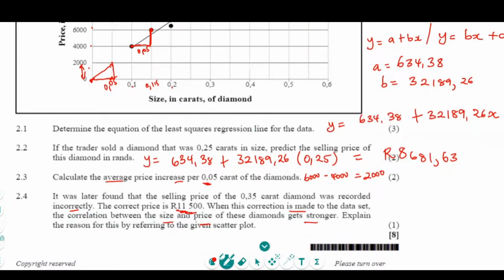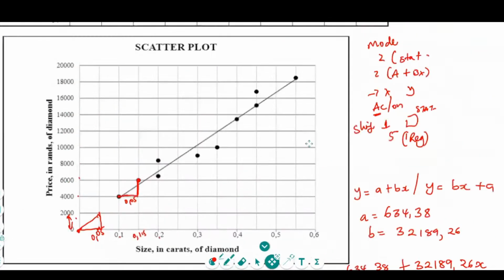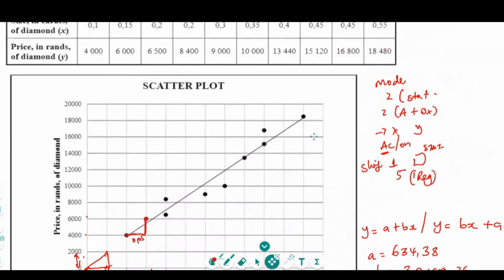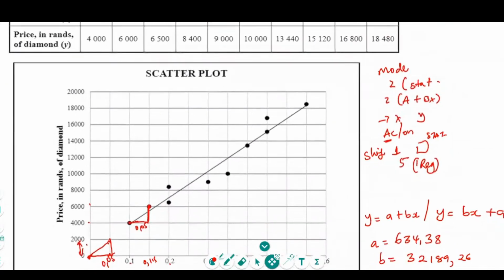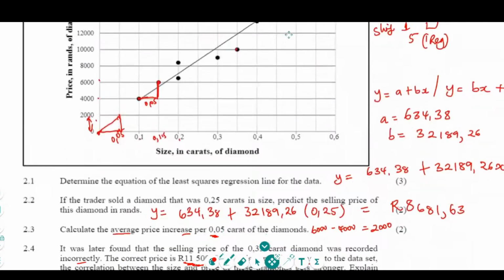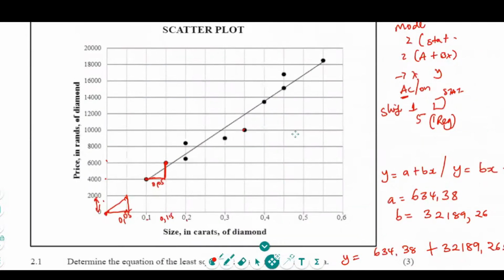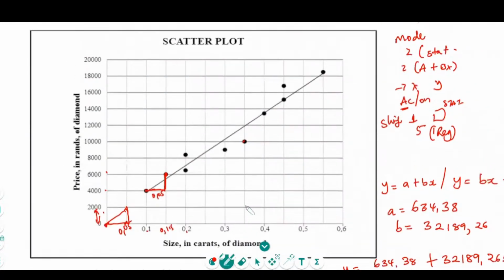Initially, the 0.35, where do we find it? We are finding it by the 10,000. Is it somewhere here? Okay, and then if the correction is made, it moves to the 11,500, somewhere there.